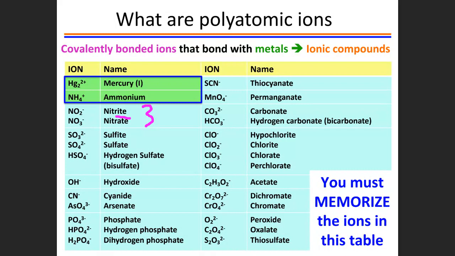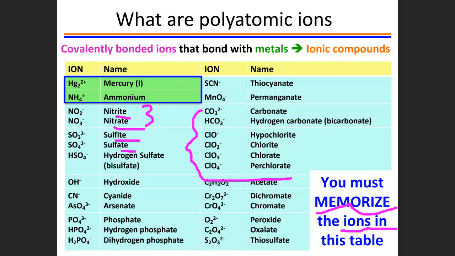Nitrite, ITE, the one with less oxygen, and NO3, nitrate. Similarly, SO3 and SO4, sulfite and sulfate. There are also many that do not follow the regular naming formula, so you need to memorize them. That's true, but it's not so difficult because all are here.